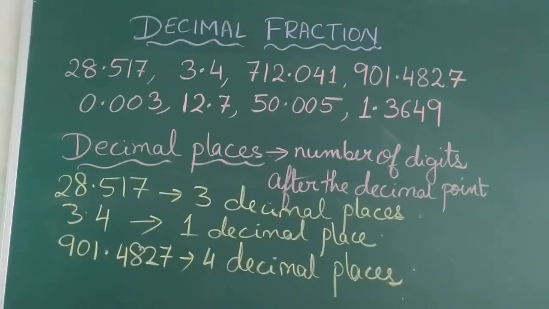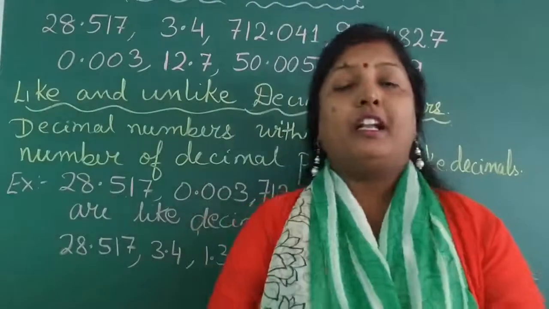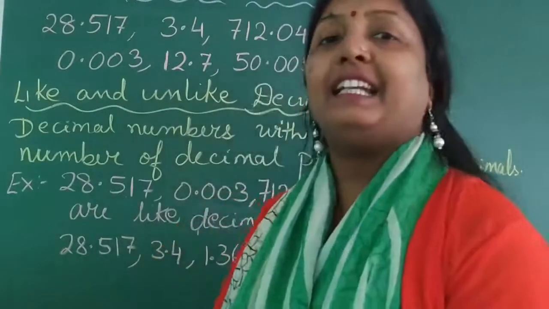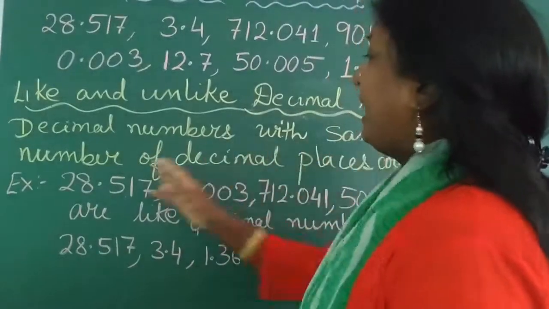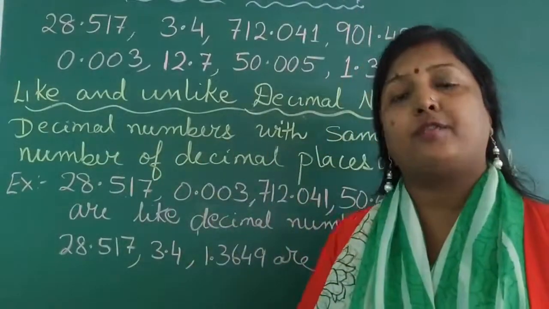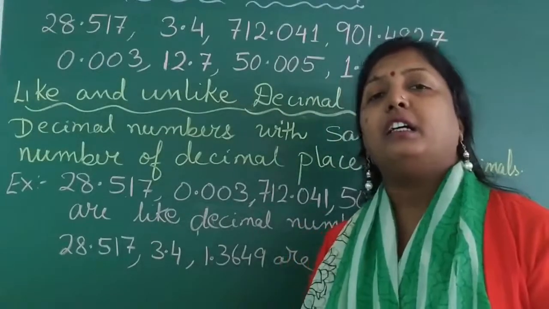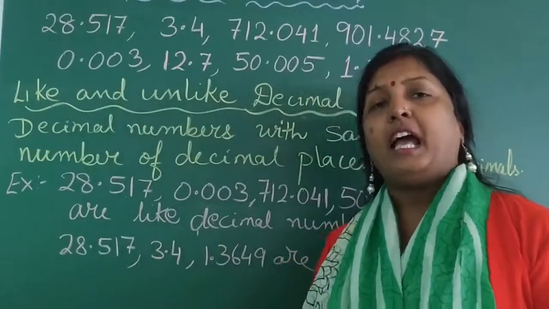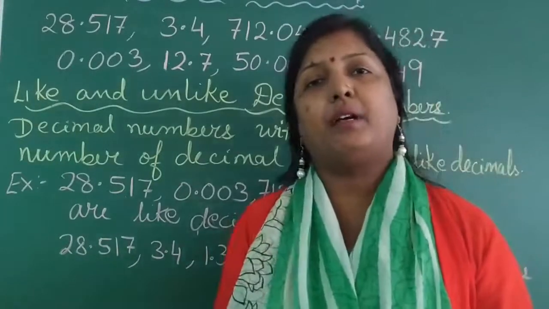Let us go to the next part of decimal fraction. Now let us talk about like and unlike decimal numbers. Decimal numbers with same number of decimal places. So if the decimal places are same, then it is called a like decimal number. And if the decimal places are different, then they are called unlike decimal numbers.